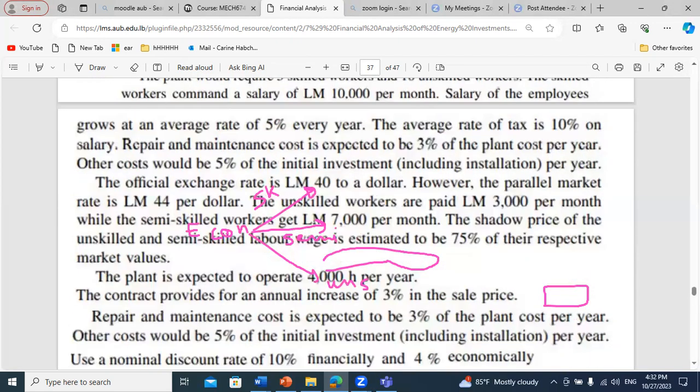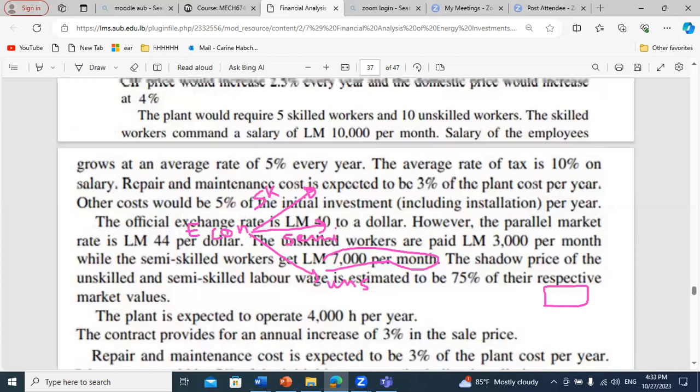It's not here. So here they told us that unskilled workers are paid 3,000 local money per month, while semi-skilled workers get 7,000 local money per month. Okay, the number of skilled workers, here it is. Sometimes you need to pay attention to the information. It's a little bit disordered in this example. So here it's 5 skilled workers and 10 unskilled workers.